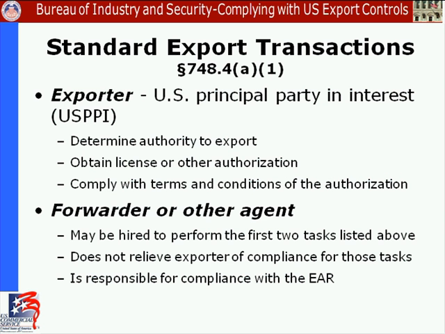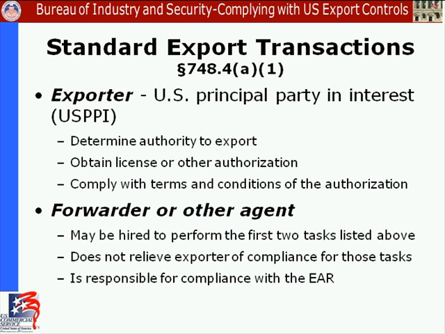The responsibilities of that supplier here in the U.S., which we would refer to here at BIS as the U.S. Principal Party in Interest, or USPPI, their main responsibility is determine what authority they can consummate the transaction.